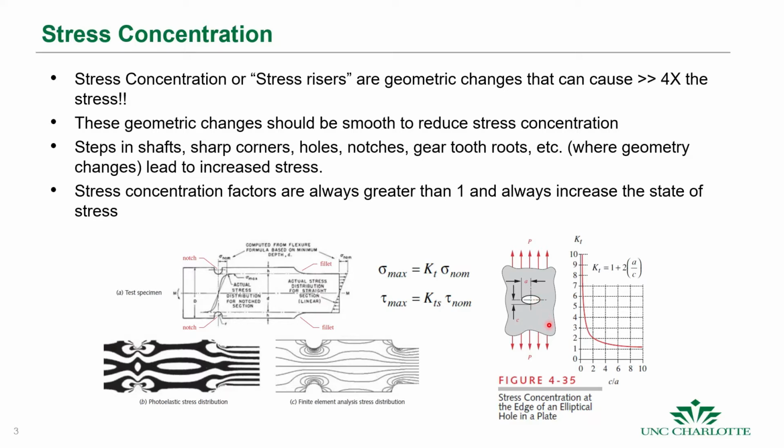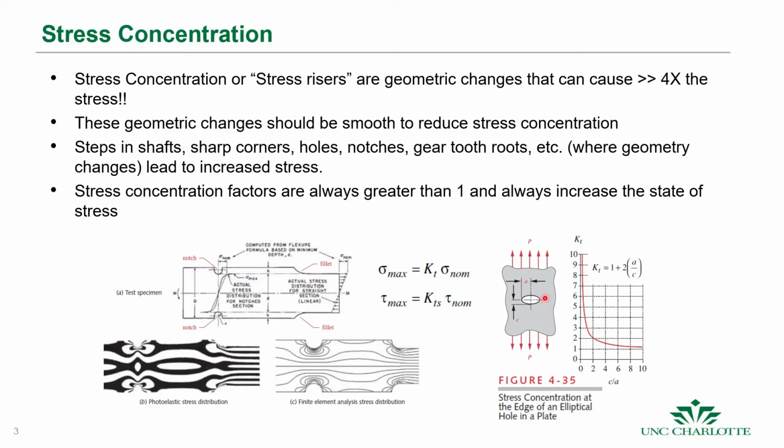And what's interesting to note is if your C over A diameter ratio here is pretty high, then your stress concentration factor is essentially 1. But when we get to ratios that are pretty low, the stress concentration can get up to 10 times that for an elliptical hole.